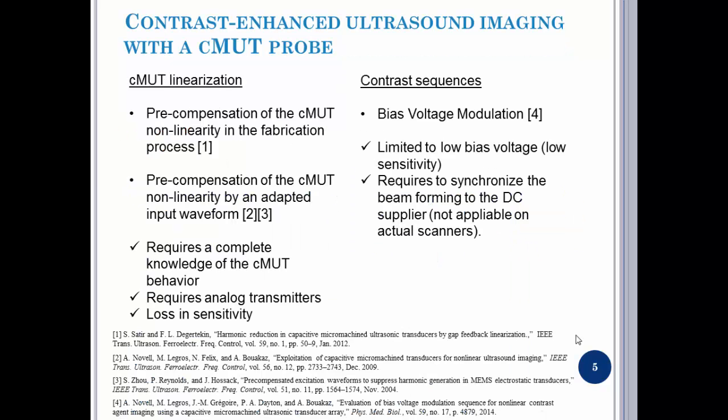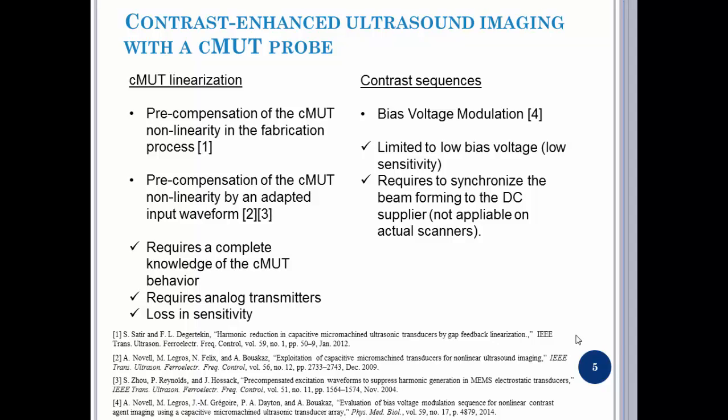So what has been done? When I saw the first presentation, I thought, okay, that's the same slide. There is work on Cmut linearization, a lot of work on pre-compensation of the Cmut nonlinearity by applying an input waveform adapted to it, to see linear signals after the Cmut.